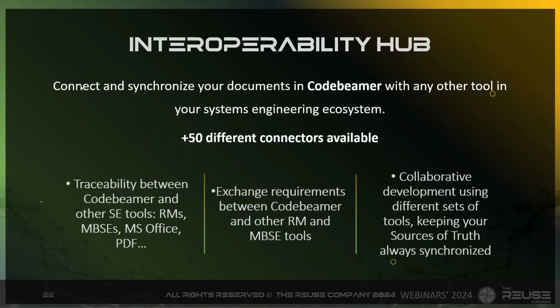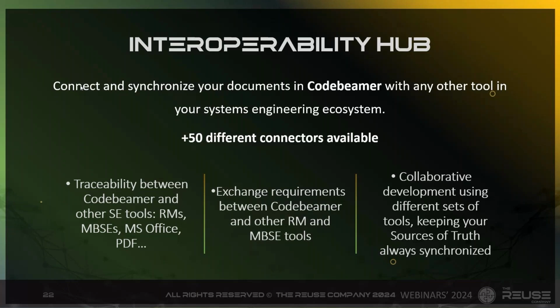However, normally you will find the need to extend this thread, this traceability, towards other tools outside of Codebeamer. It could be that you want to connect to, I don't know, as I will show in my demo, a regulation in a PDF, or external requirements in Excel, or whatever.